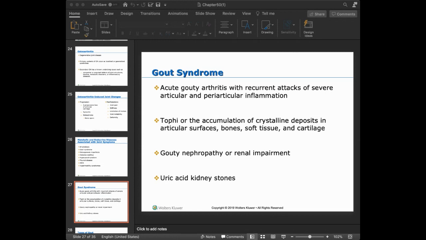Patients with gouty arthritis are also at an increased risk for kidney stones. They develop uric acid stones. So they take medication specific to gout that decreases the amount of uric acid in their body.